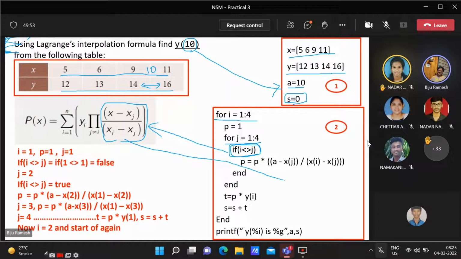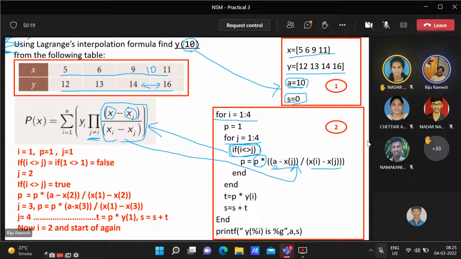Just see this formula. The value that we have to find is this X, so that is in A is equal to 10. So A is written over here, and you see (A minus Xj) divided by (Xi minus Xj). Exactly the formula.